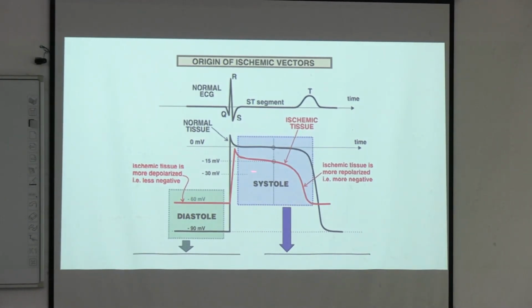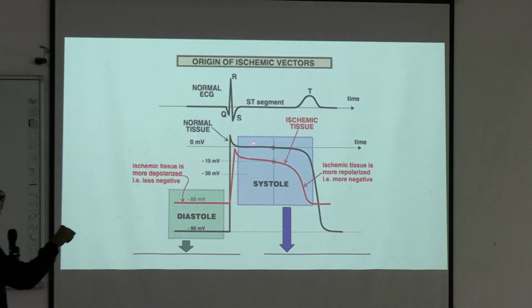Because during systole you see it is somewhere around this plateau phase. See, this plateau phase is at 0 for normal tissue. Normal is black, abnormal is red, right? So phase 2 in normal myocardium is at 0 millivolt during systole, and the abnormal myocardium is at minus 15 millivolt. So who is more positive? Normal tissue is more positive.